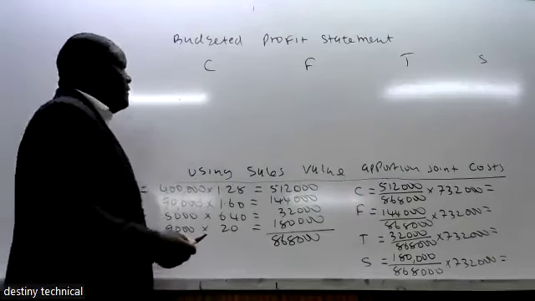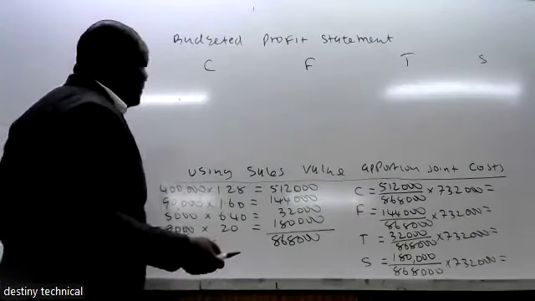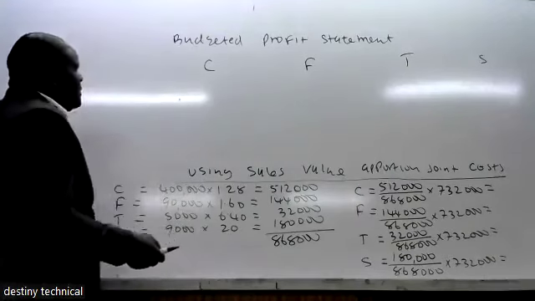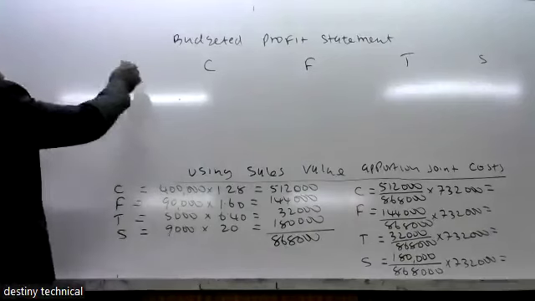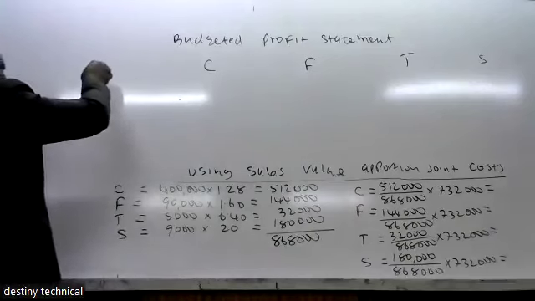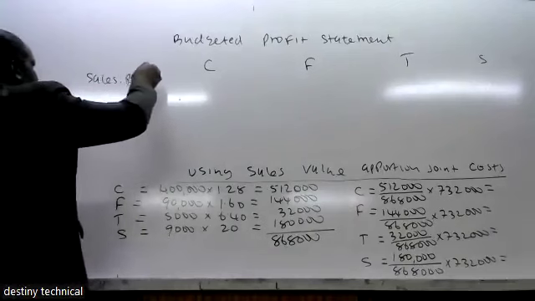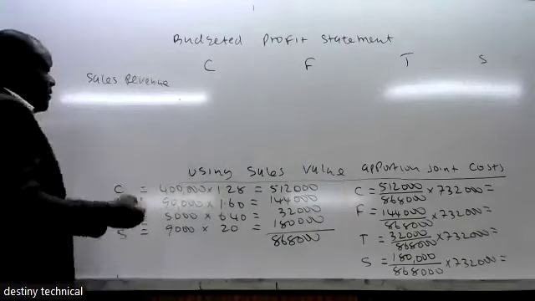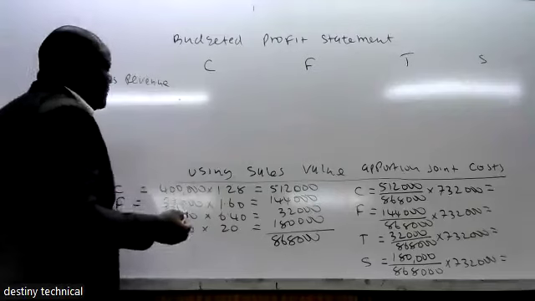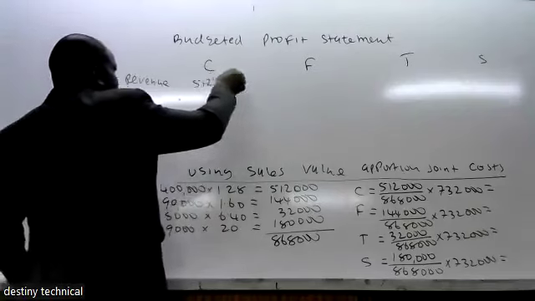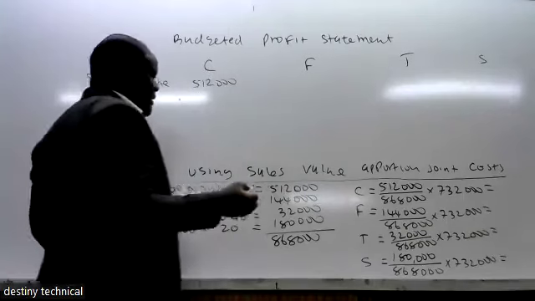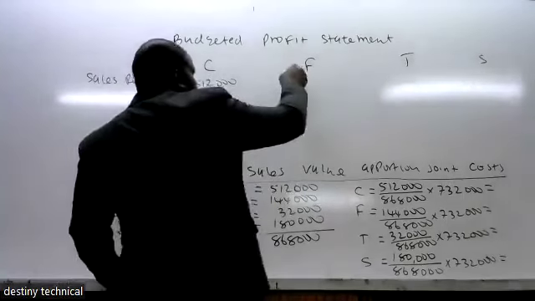So once you are finished with that apportionment, now we prepare the budgeted profit statement. In the budgeted profit statement, you start off with the sales revenue. So C, it is 512. F is 144.